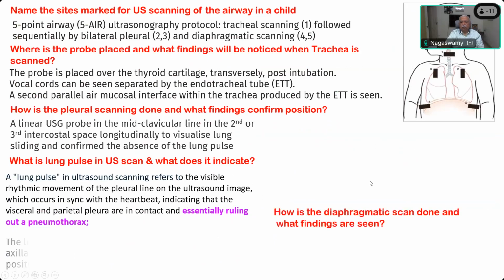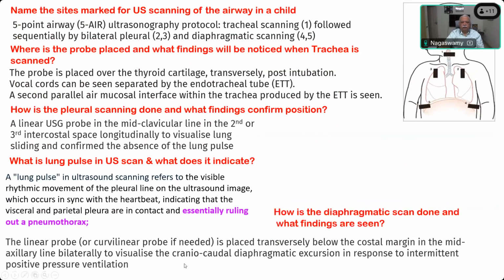And how is diaphragmatic scanning done? This is done by placing the probe transversely below the costal margin. You can see here it is longitudinally placed, here it is transversely placed, and it visualizes the craniocaudal diaphragmatic excursion in response to intermittent positive pressure ventilation or to the breathing movement.